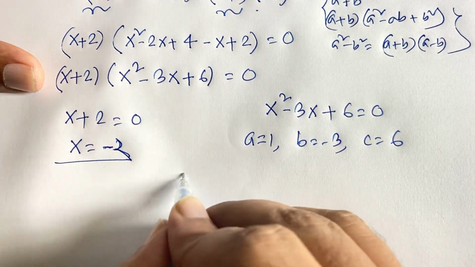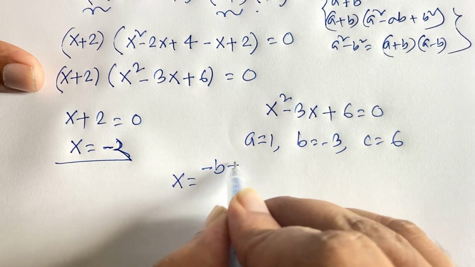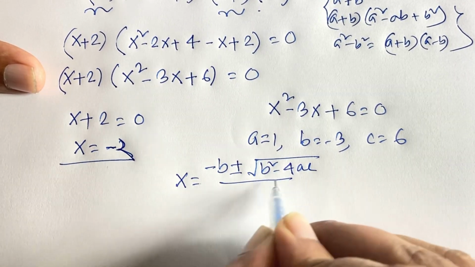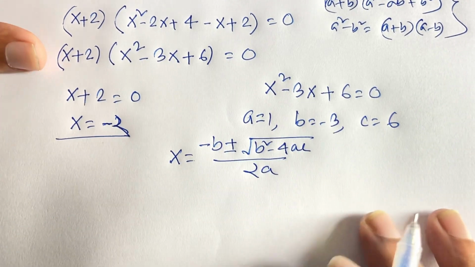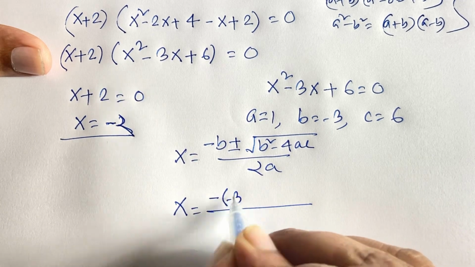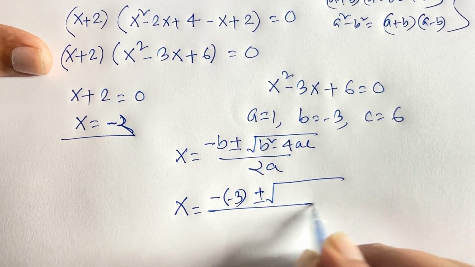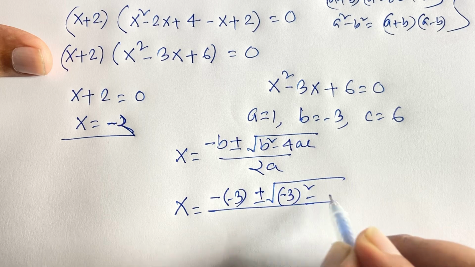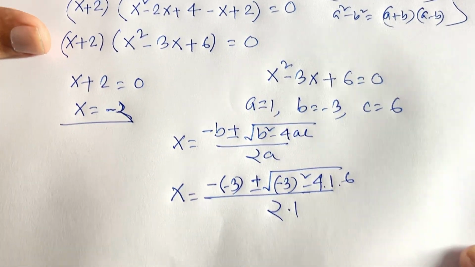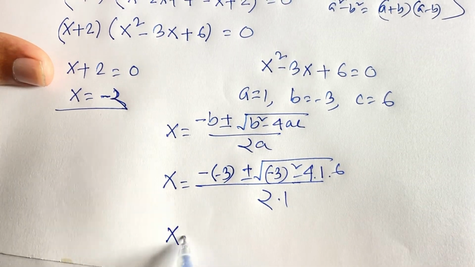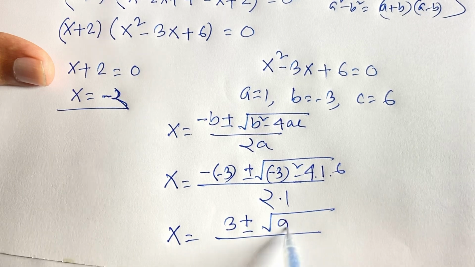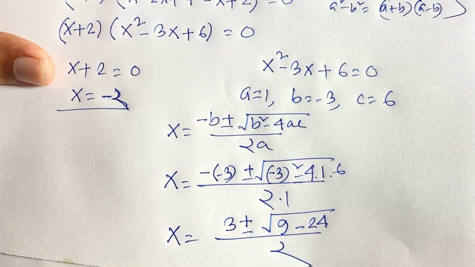According to this formula, x is equal to minus b plus or minus square root of b squared minus 4ac, over 2a. So x is equal to minus b, which is 3, plus or minus square root of minus 3 whole squared minus 4ac, c is 6, over 2a. Then x is equal to positive 3 plus or minus square root 9 minus 24 over 2.